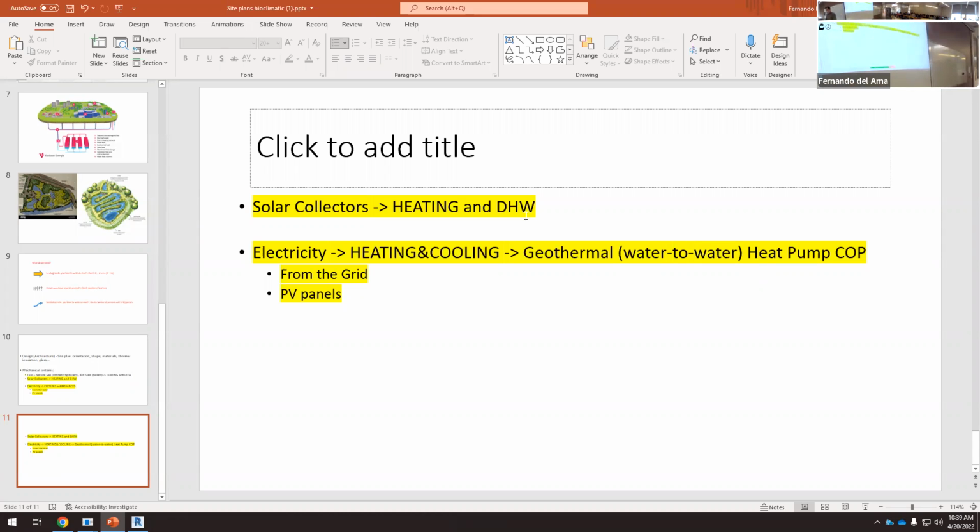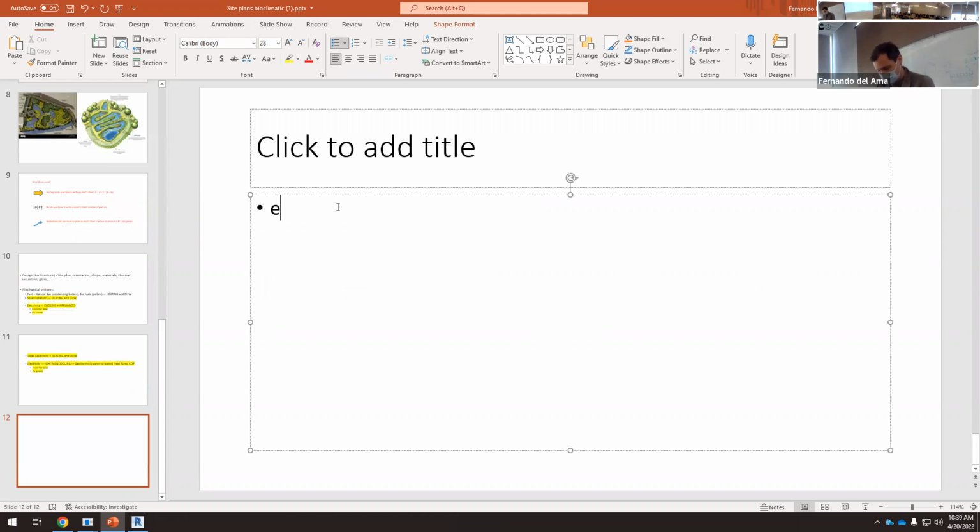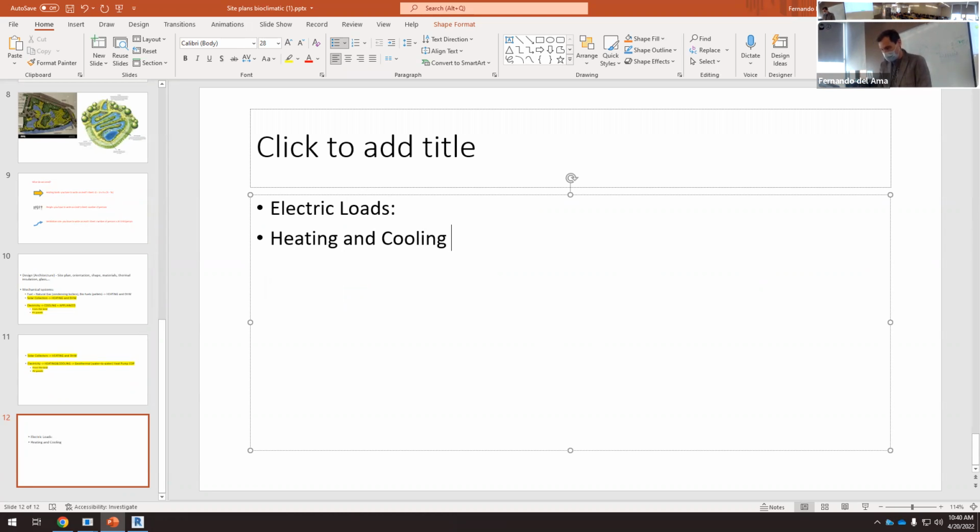Okay. So when we're talking about electric loads, we have to differentiate between heating and cooling. This is the peak load divided by the COP of the heat pump.